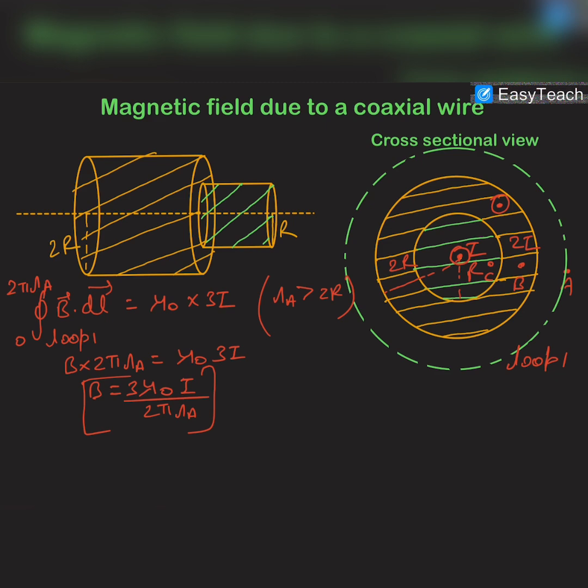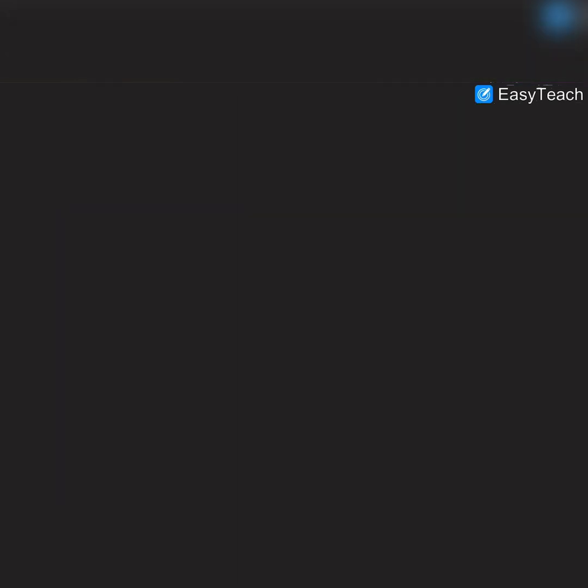Now let us find out the magnetic field at point B. For that, let us again draw an Amperian loop. This is the Amperian loop, and at point B we know that RB is greater than R, but obviously RB is less than 2R.